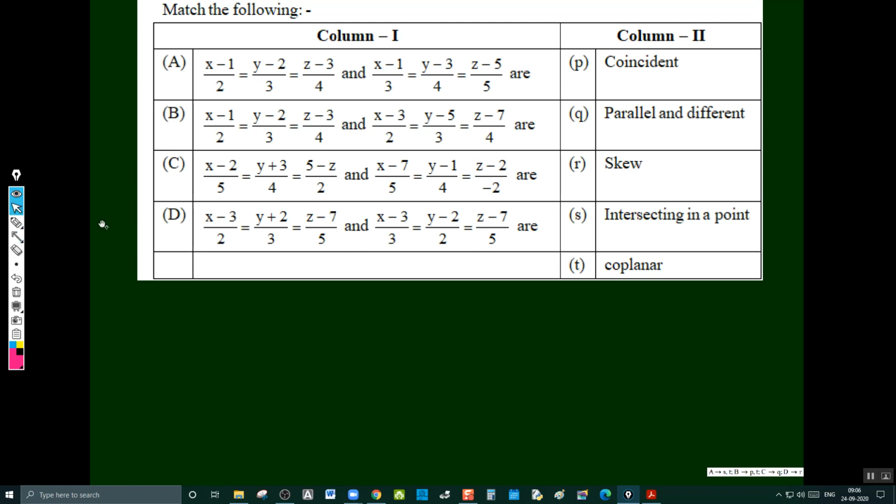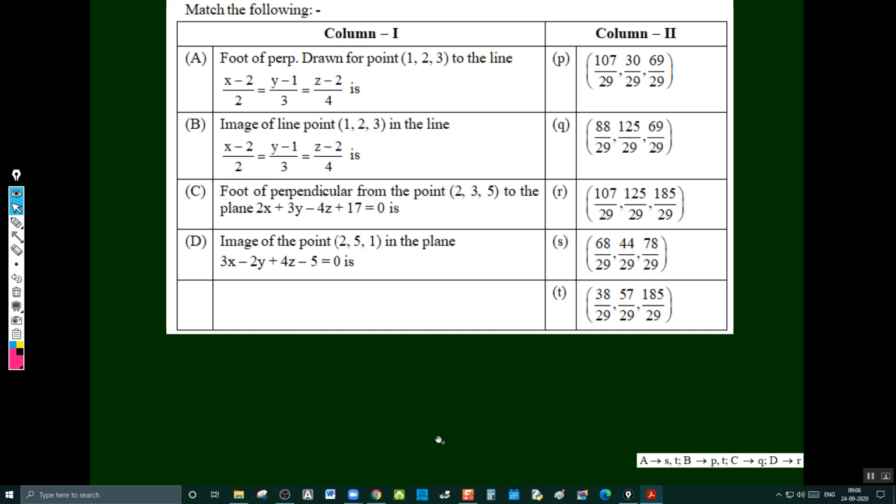Understood. Next one, please. Foot of perpendicular, image. Again, foot of perpendicular, image. What is the difference? A is the foot of perpendicular on a line, B is the image of the point in the line, C is the foot of perpendicular from a point on the plane, and D is the image of the point in the plane.